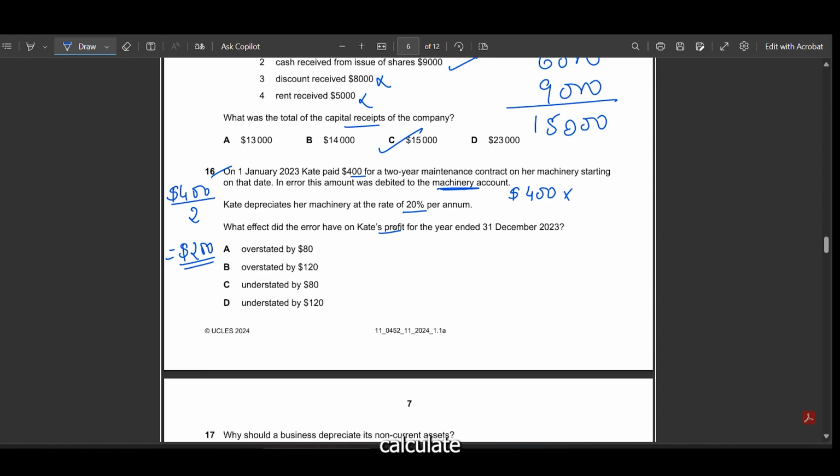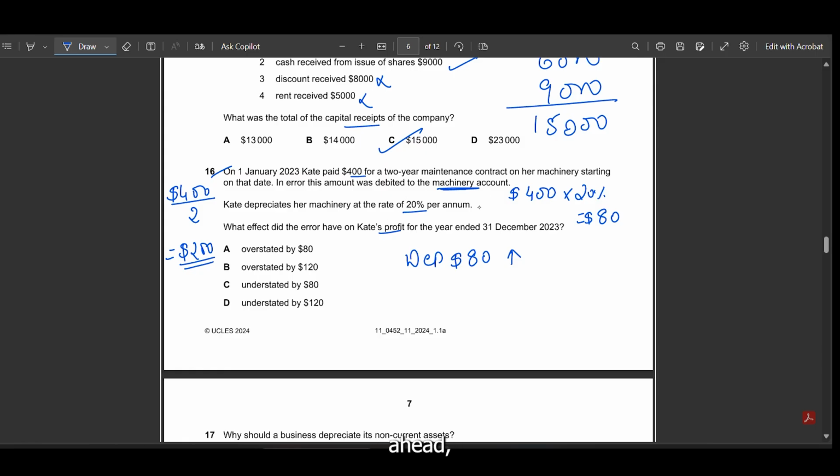We calculate depreciation at the rate of 20%, which comes to $80. So my depreciation would have been overstated by $80. I'm showing it with this arrow, that means it's overstated.